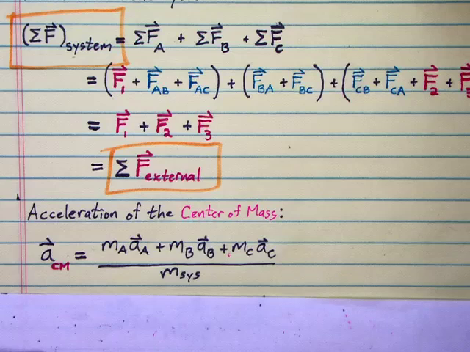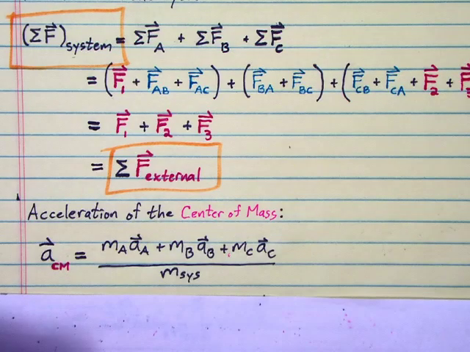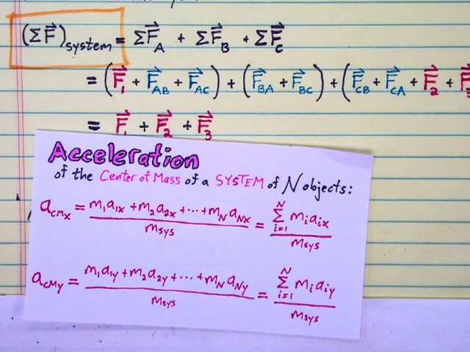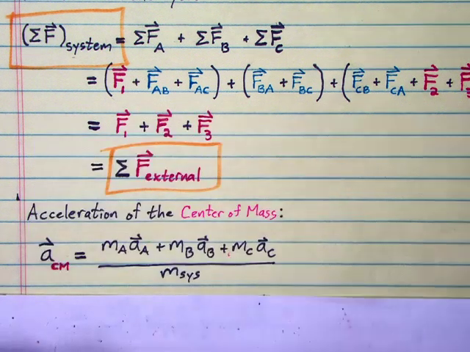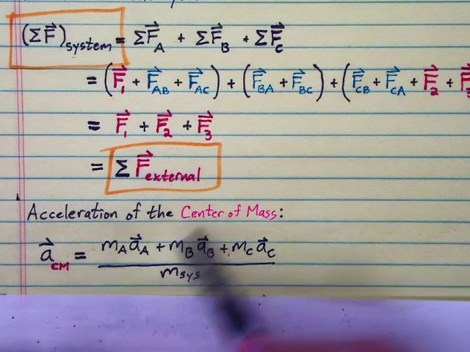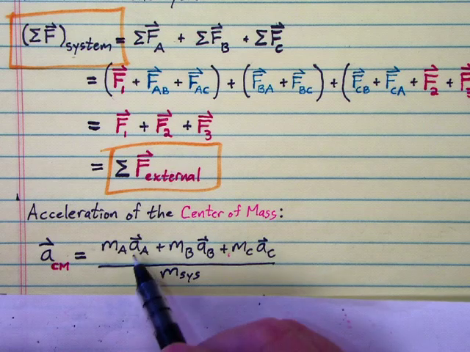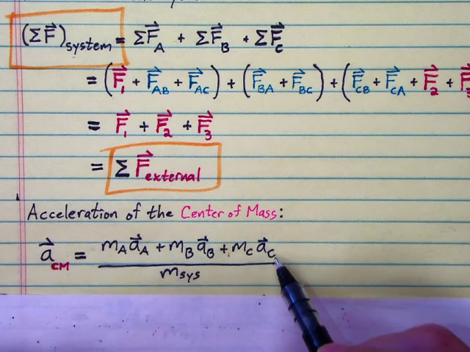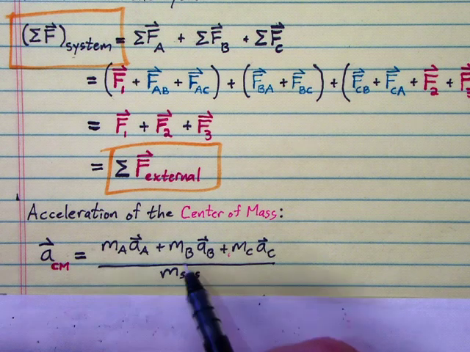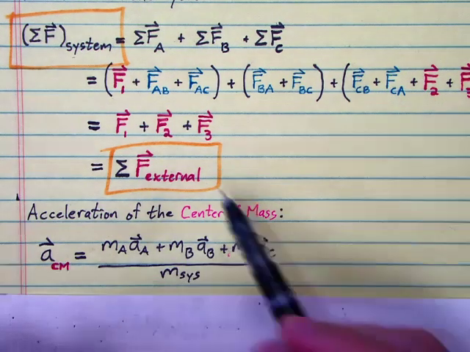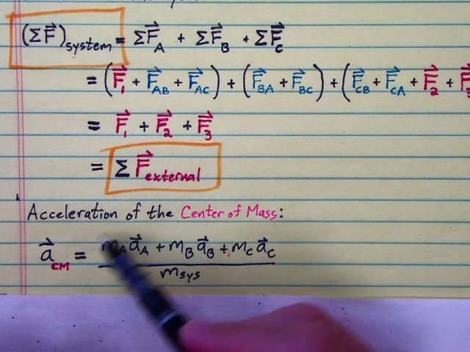So to find the acceleration of the center of mass at any one moment, we'll use this definition that we wrote down. So with our 3 objects, that acceleration is this weighted average of the accelerations of A, B, and C. Those accelerations are weighted by the masses of A, B, and C. Let's look at one of these terms in the numerator.